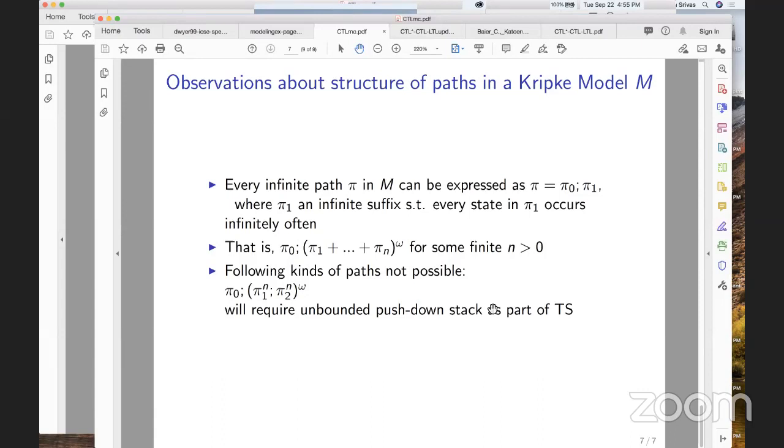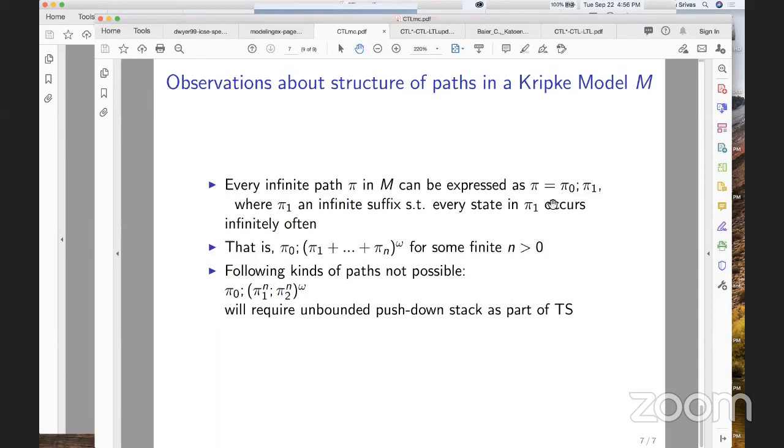If you want to generate those things, they have to be generated by your model. You would have to keep some information in the state in order to generate that, and you cannot do that with just finitely many states in your transition system.